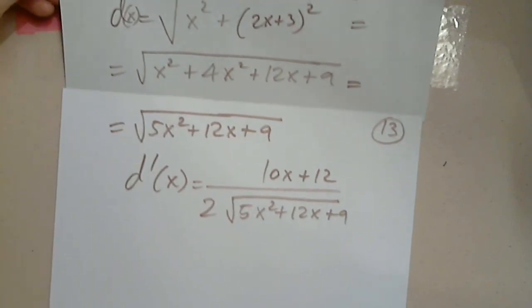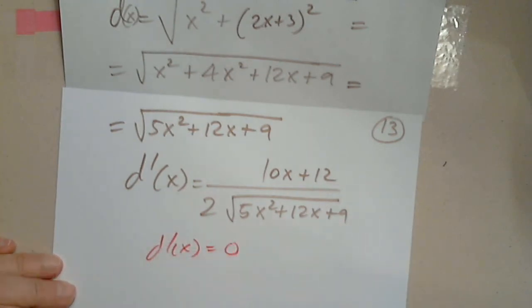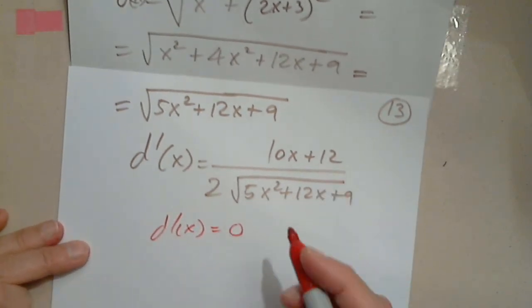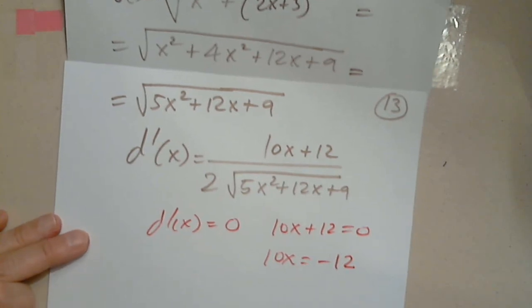So what I'm interested in is to find the solutions to this equation. The numerator, 10x plus 12 equals 0, so 10x equals negative 12, or x equals negative 6 over 5. I divide by 10, but I simplify by 2, and I get 6 over 5.